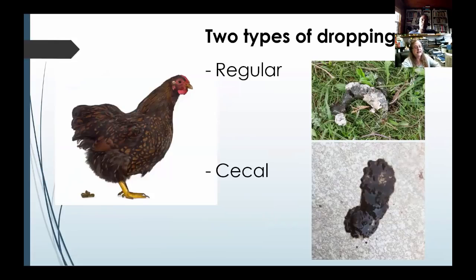Their body's telling them they need to eat and they're not getting it. So the only way you can help that is to get everything out of there. So you sort of massage the crop, with the chicken upside down so that you can get that food out without it going back into the lungs.